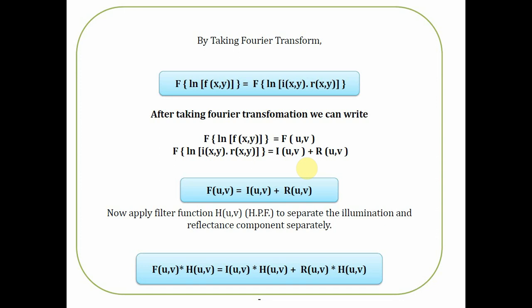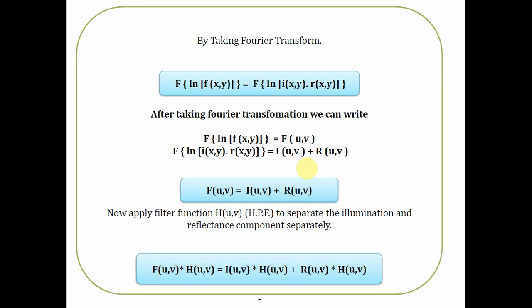We have already seen the 3 by 3 mask, 5 by 5 mask, 7 by 7 mask, 25 by 25 mask of high pass filtering. So if I want to increase the contrast and decrease the dynamic range of brightness, I will multiply my image with the high frequency or high pass filtering mask.